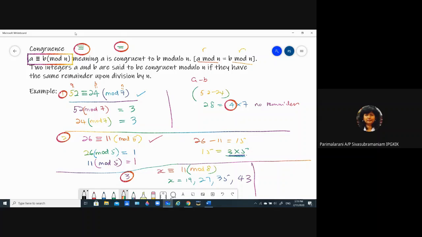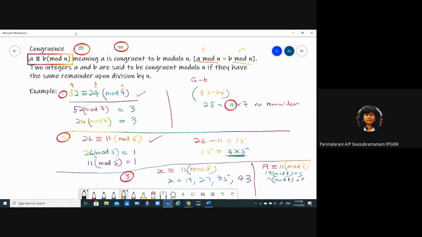Okay, let's check. x is 19, congruent to 11 mod 8. That means 19 mod 8 must give you 3, the same as 11 mod 8, which equals 3. So this is correct.